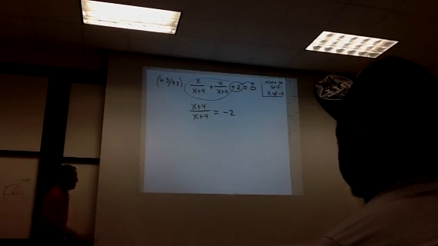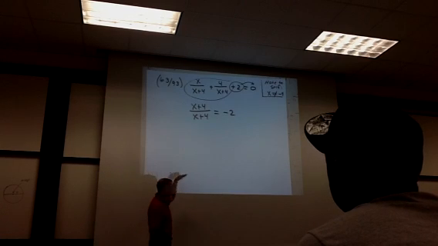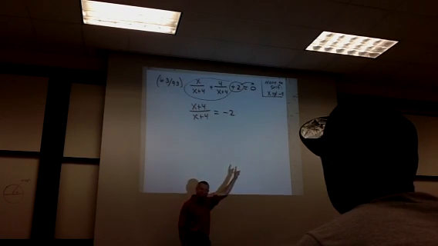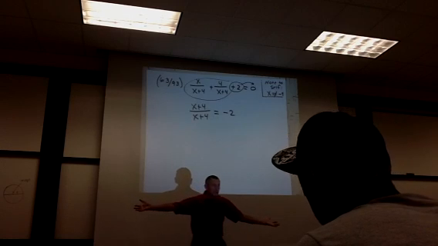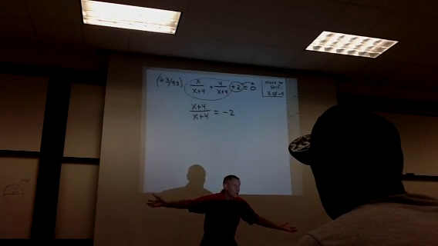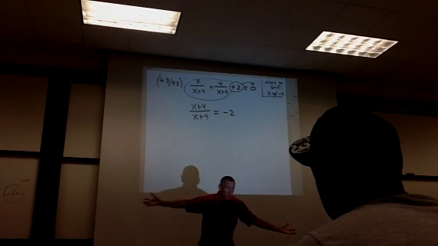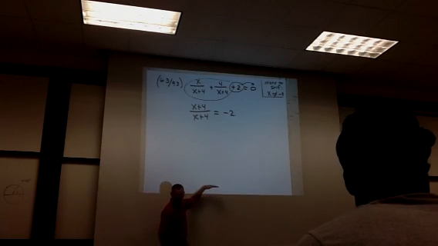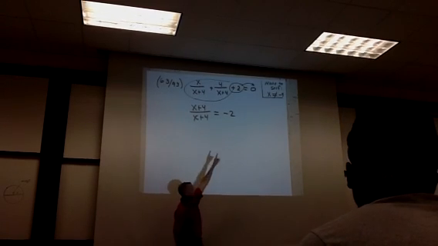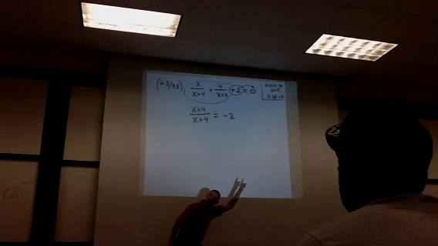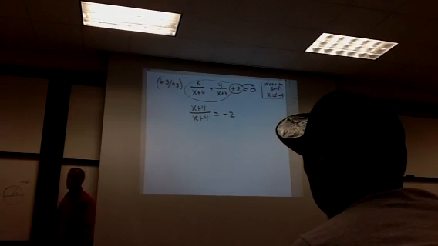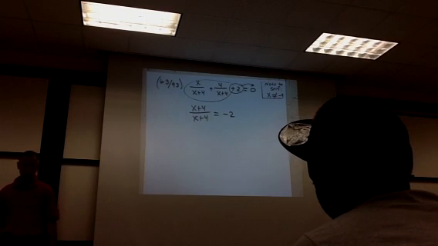What would I do if I solved this thing and it said x equals -4, but my note to myself reminds me that x can't be -4? What would I conclude? No solution. If the only solution that's possible has been eliminated by my note to myself, then there's no solution. That's why you put that note to yourself, all right?